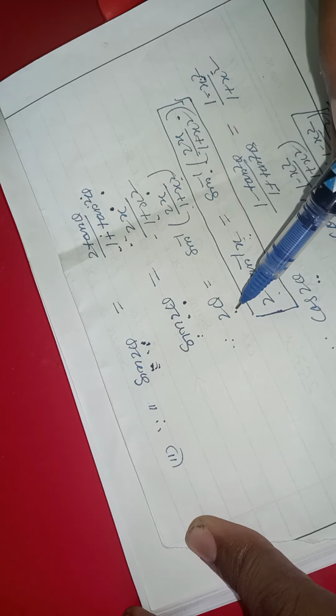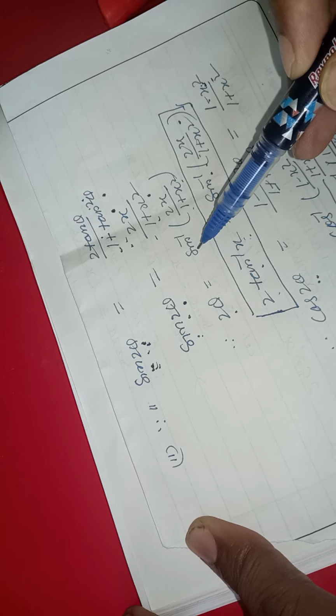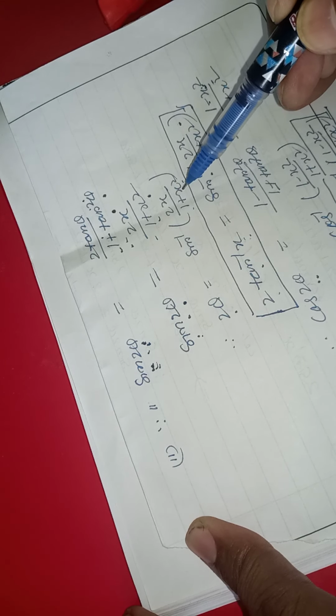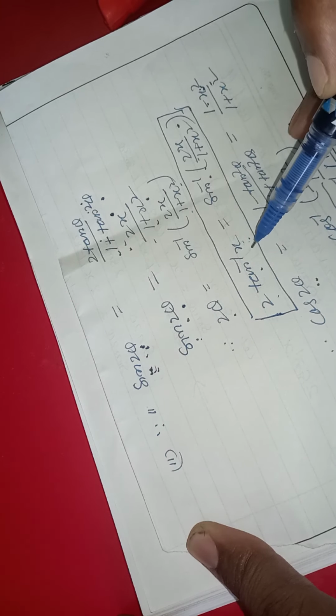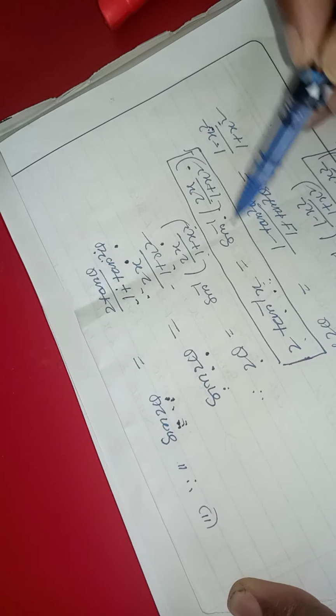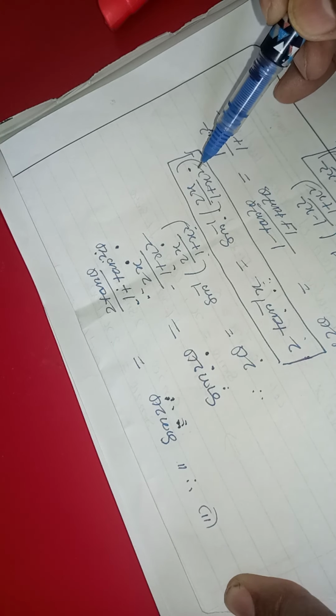This will be written as 2 theta is equal to sin inverse 2x upon 1 plus x square, and by putting the value of theta we get 2 tan inverse x is equal to sin inverse 2x upon 1 plus x square.